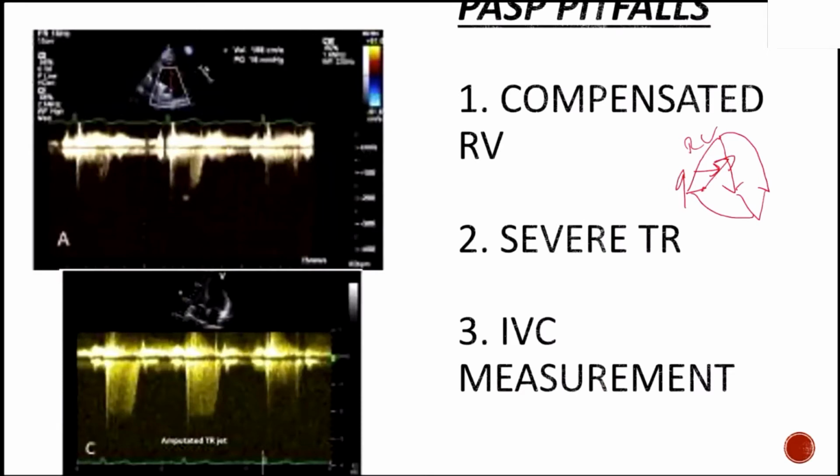The only reason it would go backwards through the tricuspid valve is if this tricuspid valve orifice here that I'm circling is really widened anatomically, or if when the blood flow is trying to go out in the right direction, it can't go anywhere, and it's got to come backwards through this way. Because your RV is so strong, it is able to push blood out more reliably than in a patient who's not compensated, you're going to have less regurgitation, and therefore you're going to underestimate your PA systolic pressure.